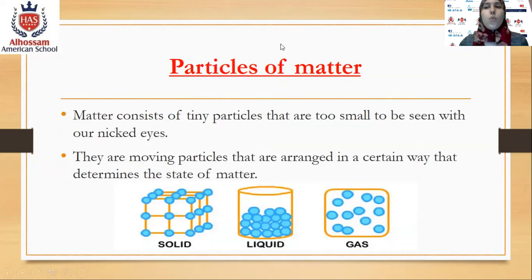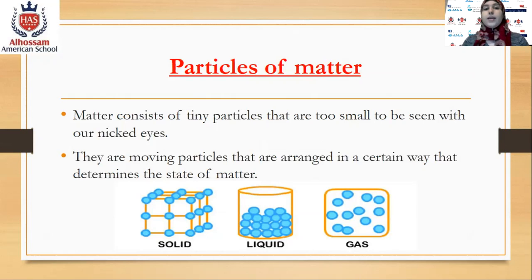At the beginning, I want to tell you that matter, as we agreed on in the last 2 lessons, is everything that has volume and takes up space. So this matter, even if it's a bottle of water or your mobile phone, everything, consists of small, tiny particles.